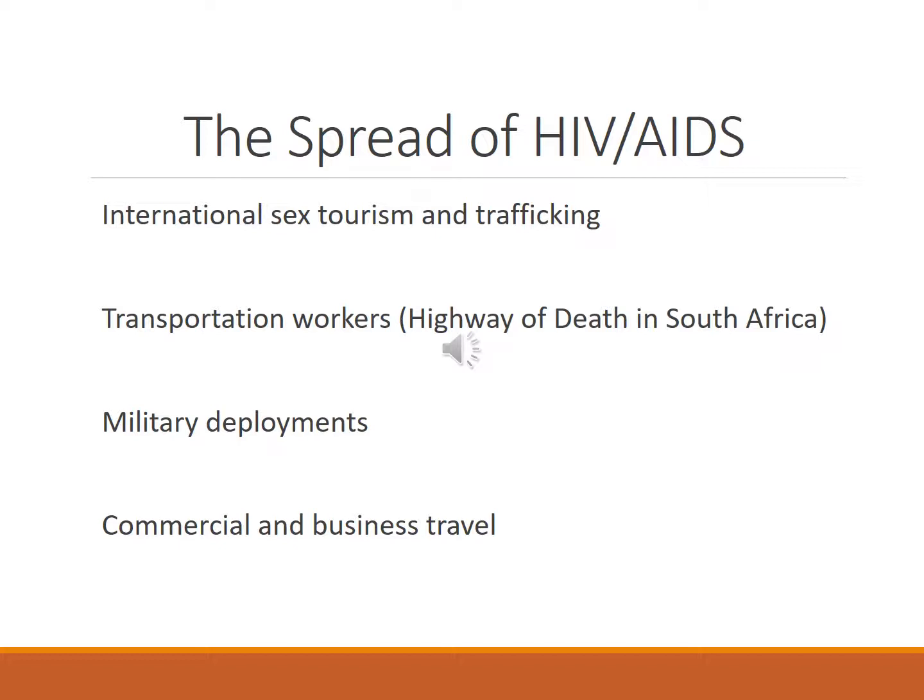If they're a woman who's HIV positive, the child runs a very high risk of also being HIV positive. So in this particular part of South Africa, where you have sex workers and service workers who have high HIV infection rates, they spread this disease to those who work and operate along this thoroughfare.